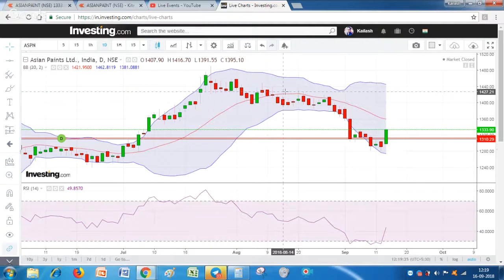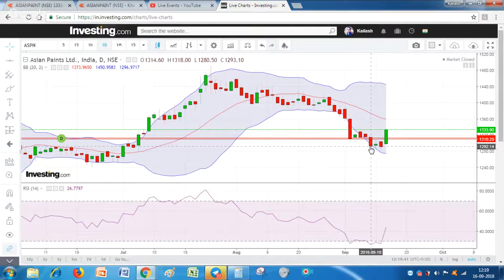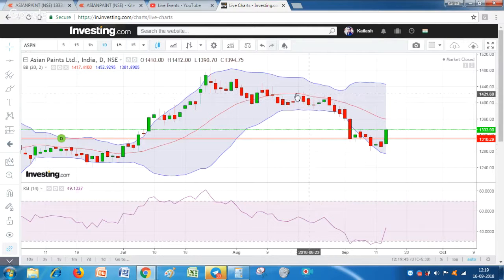Okay. So see, after that the stock has given a very big fall also. It moved down to 1292 from this range. But yes, it has taken a long time in this range, and there is Bollinger Band compression also. So we would have waited till this time.